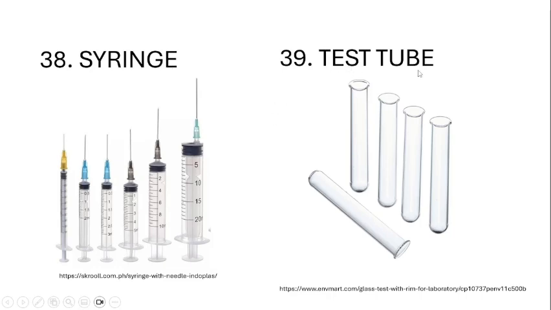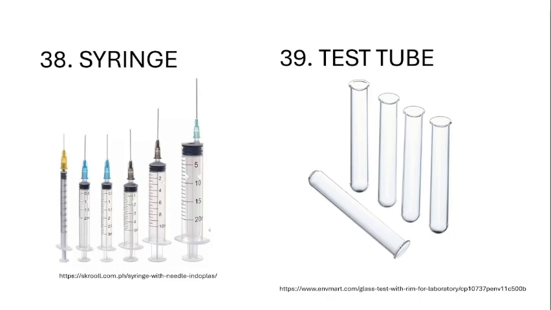Next, we have your test tube. These are glass, slender, cylindrical containers. And please let's emphasize that test tubes are not calibrated. They do not have graduation because we do not use them to measure solutions or substances.